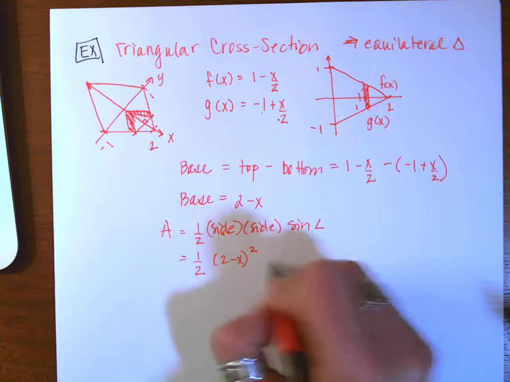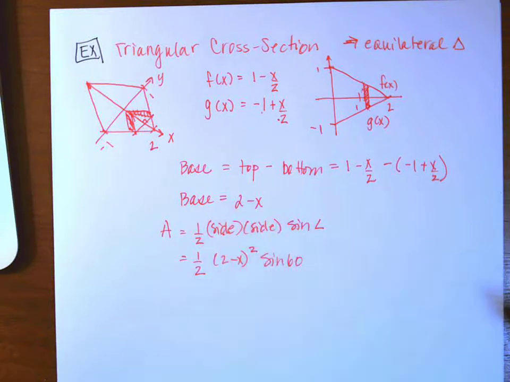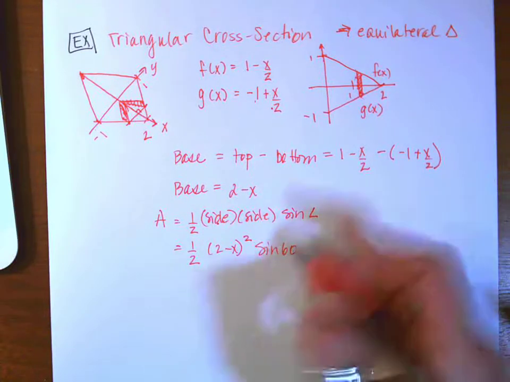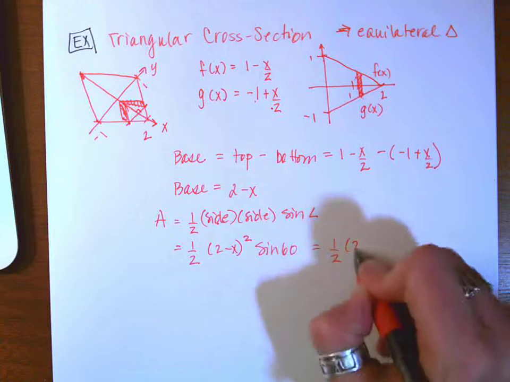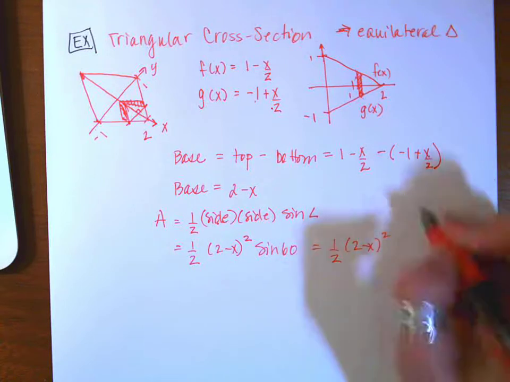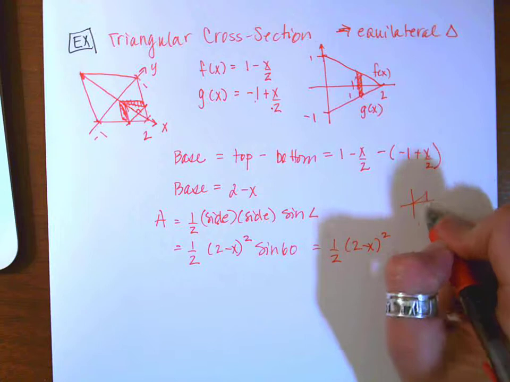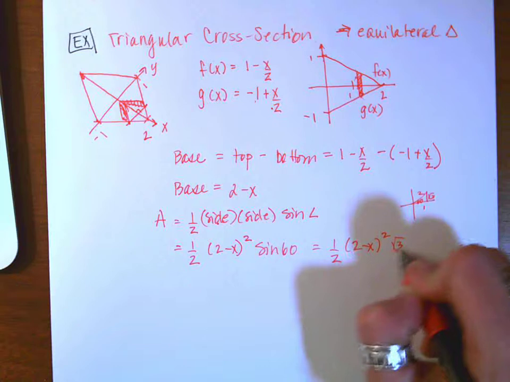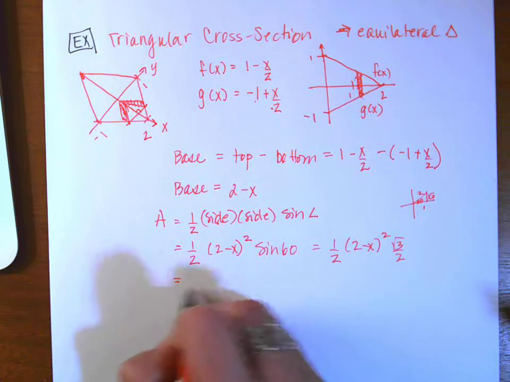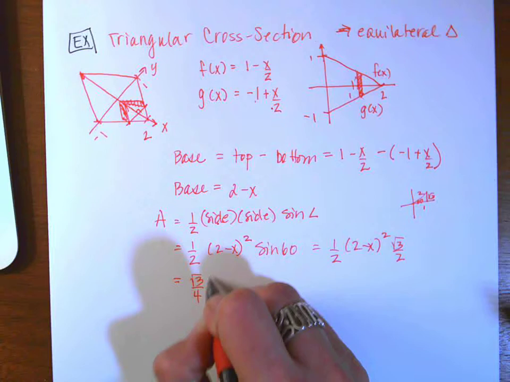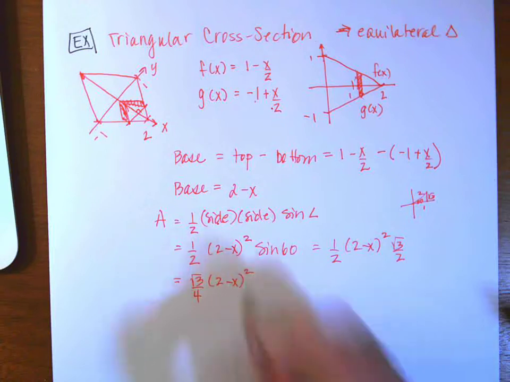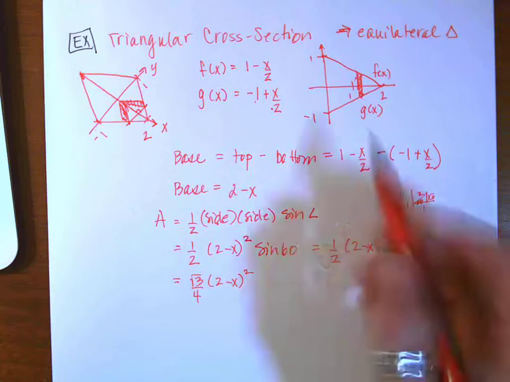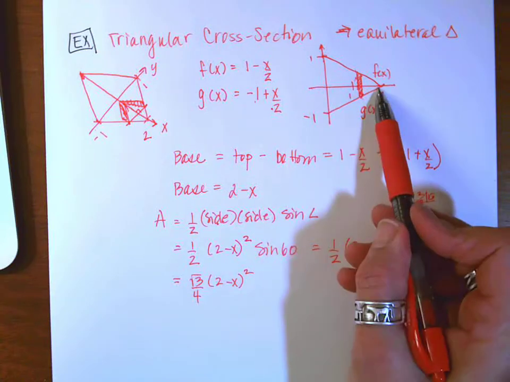The base and the side are the same thing. So it's going to be my 2 minus x quantity squared times the sine of 60, because if it's an equilateral triangle, then the angles would be 60. So then this is 1/2, 2 minus x quantity squared. And if you go back and remember your 60, this is radical 3, 1, and 2, so the sine is radical 3 over 2. So my area formula becomes radical 3 over 4, and then 2 minus x quantity squared. So that's my area formula.